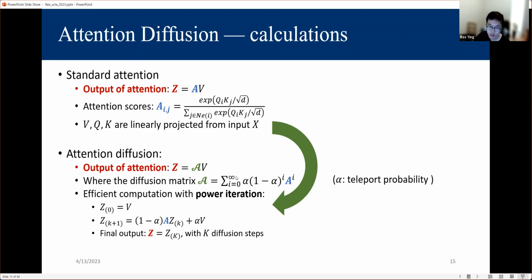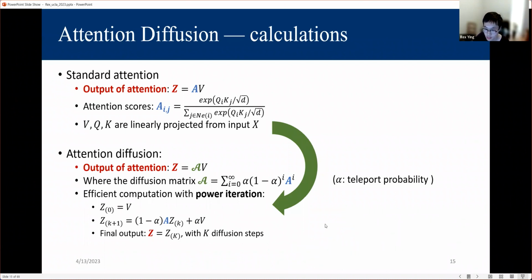Instead of summing to infinity, at every step we multiply the result by the adjacency and add the previous result. This is an iterative approach to approximate graph diffusion, and we can efficiently compute the diffused attention by setting, let's say, k equals 5.